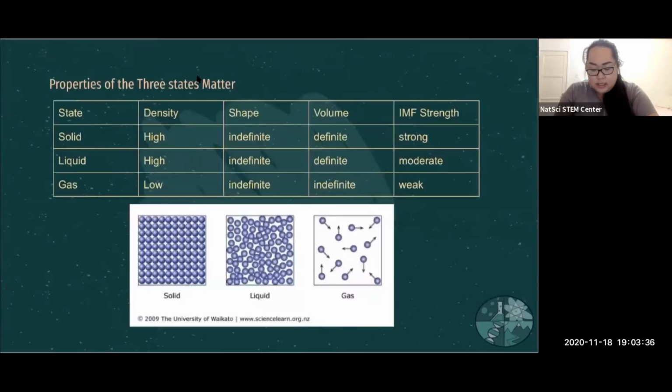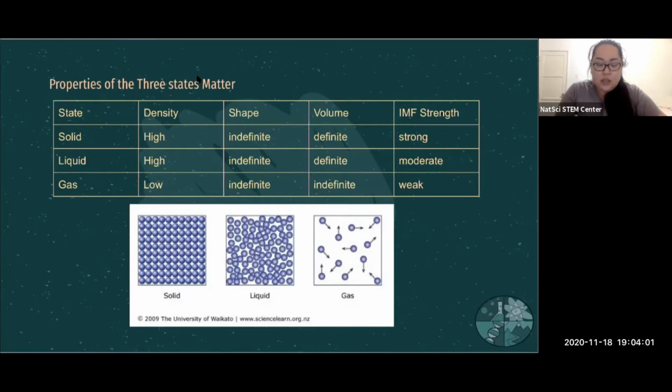So first is the state of matter. I made this table and it shows the state of the matter: a solid, a liquid, or a gas. Then I gave you some other information that could be useful if you're given another problem. The density of these different states is different.